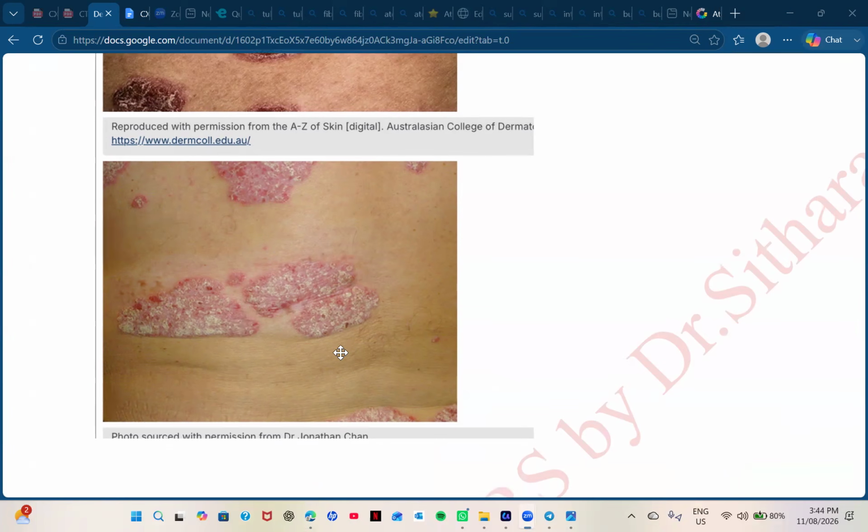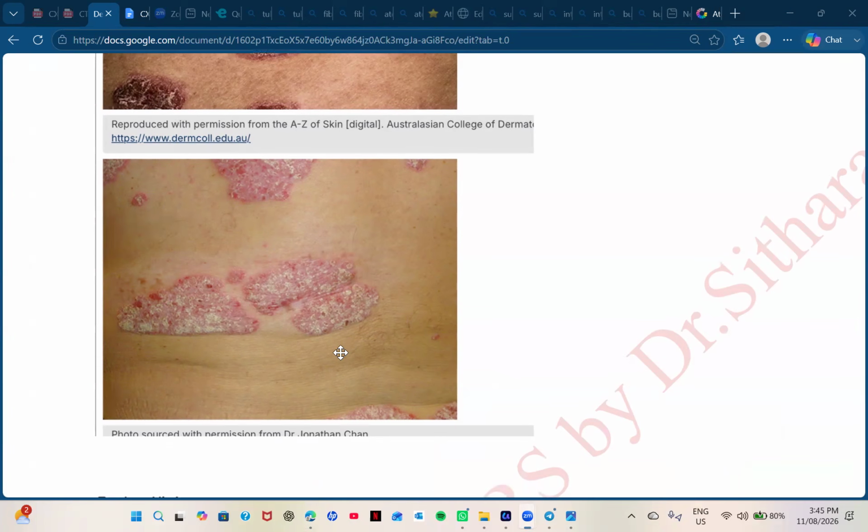Usually it is mainly seen on the extensor surfaces, such as the elbows and knees. In some cases it can be associated with nail pitting, onycholysis and nail discoloration.